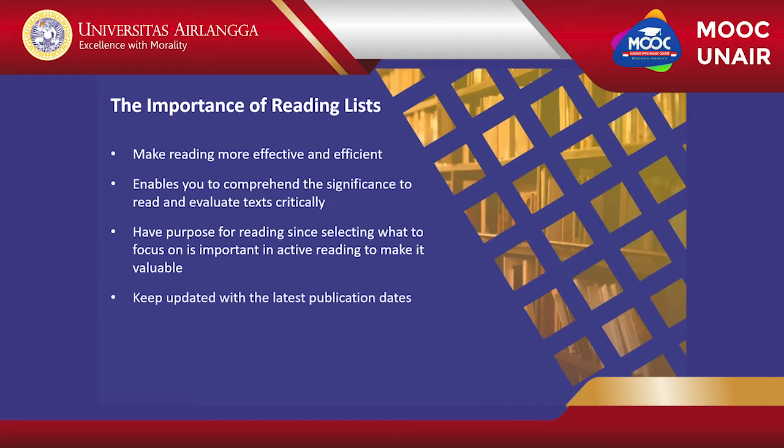Another significance of the use of reading lists is that the sources taken are all updated, since they are sorted by the latest publication dates so that the information is still very much up to date and relevant.